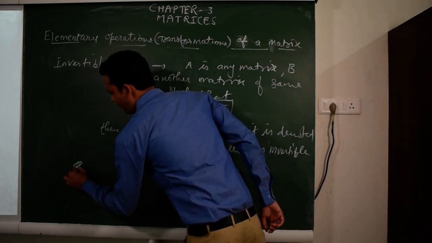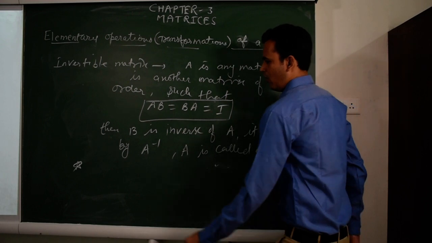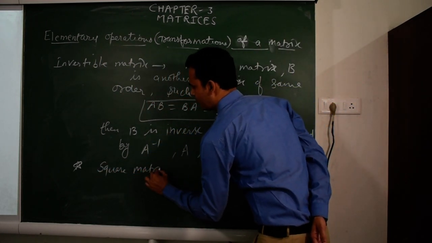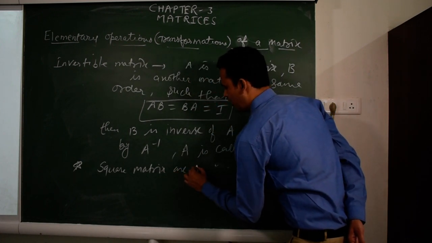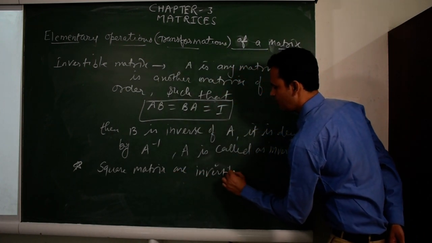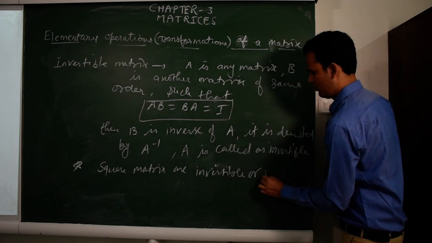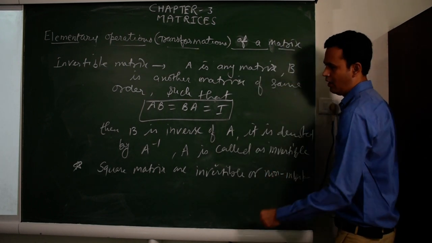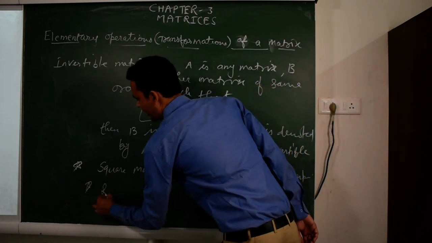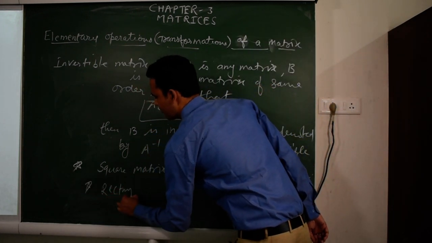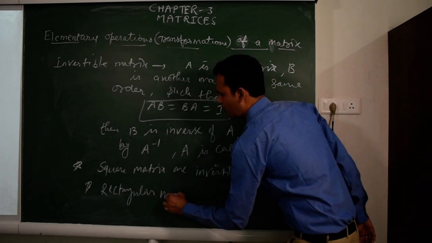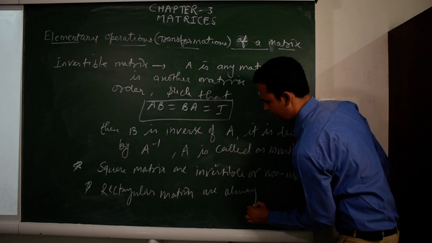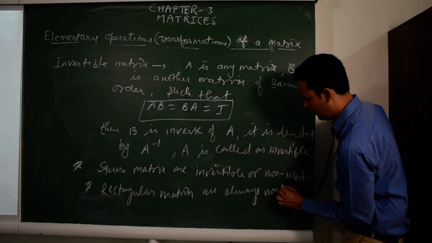One important point is that only square matrices are invertible, or sometimes non-invertible, but rectangular matrices are always non-invertible.